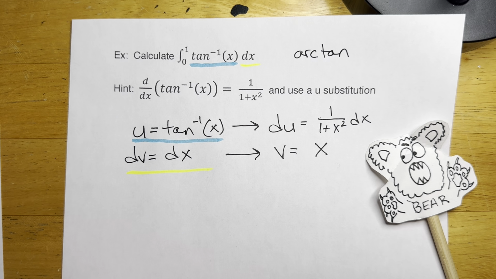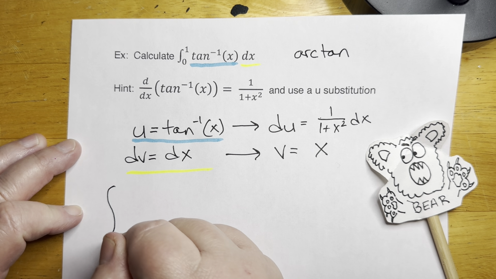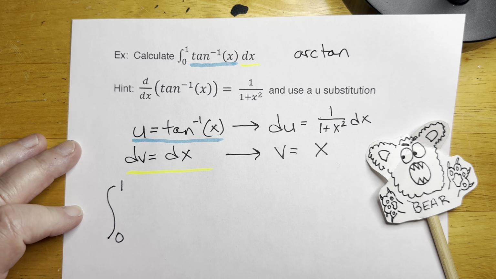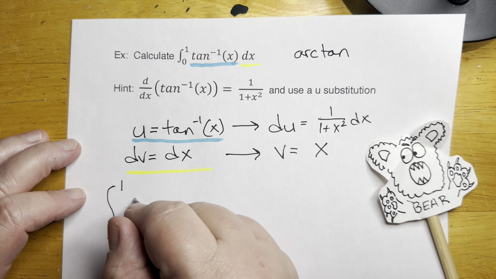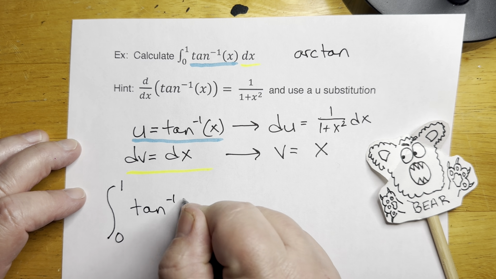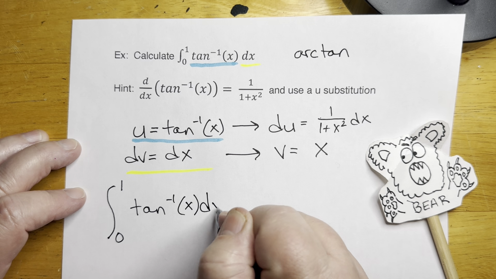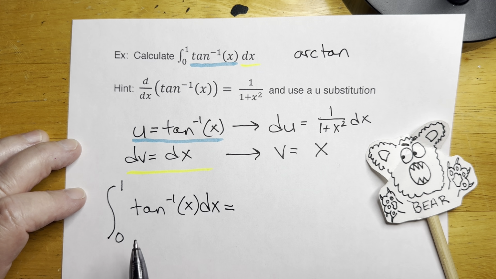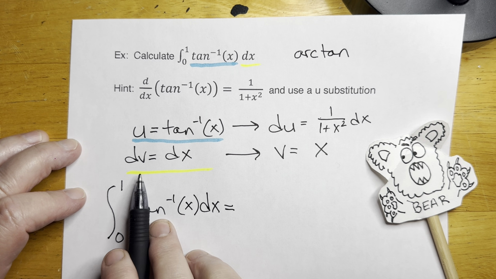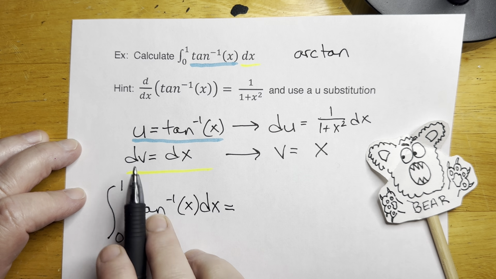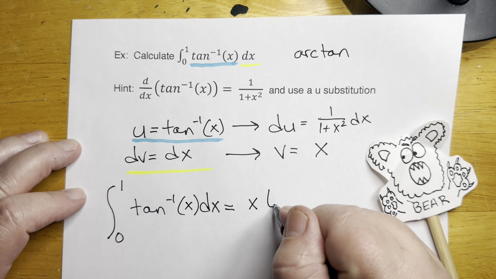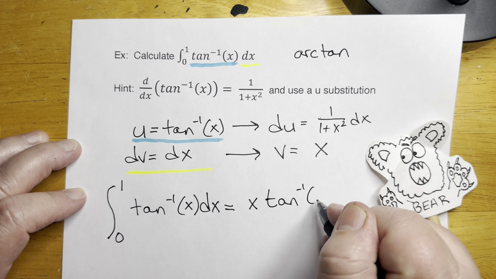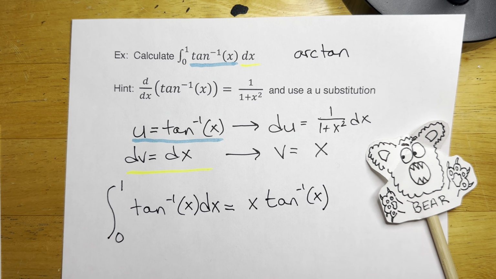Okay. So the integral from 0 to 1. Now this is new. You notice what's going on? There are limits. Okay, I'm going to take a deep breath because we can totally do this. Okay, this is the u dv. And remember what we do is we go uv. So it's going to be x arctan x, right?